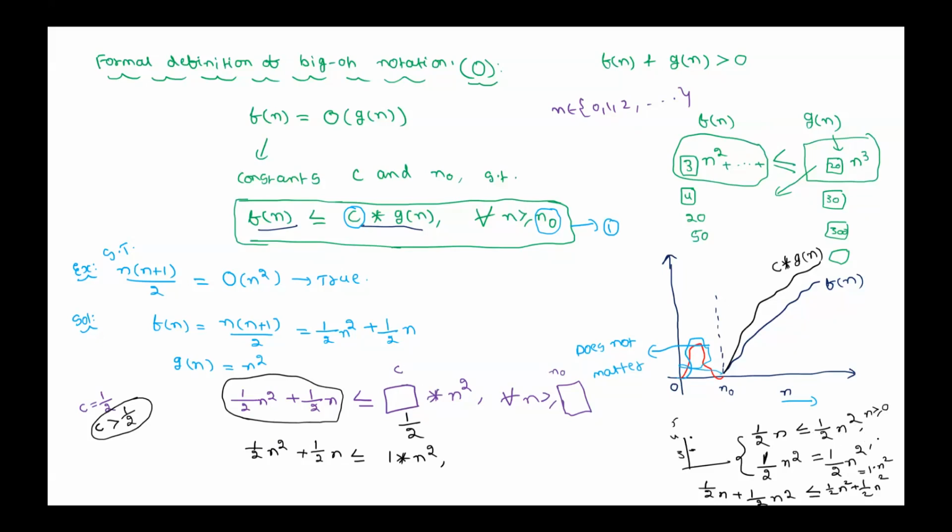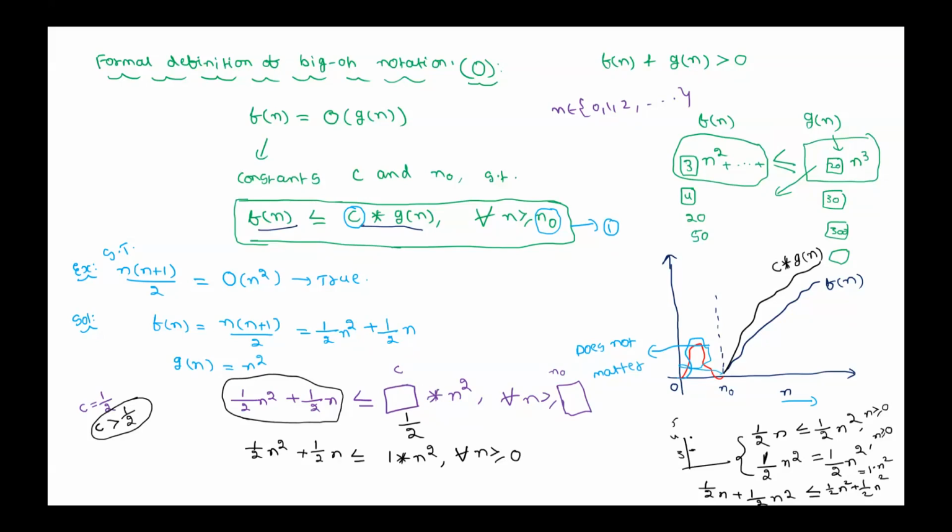Similarly, 1 by 2 into n square is equal to 1 by 2 n square, true for any n greater than or equal to 0. Combining them, can we say that this result is true for any value of n greater than or equal to 0?